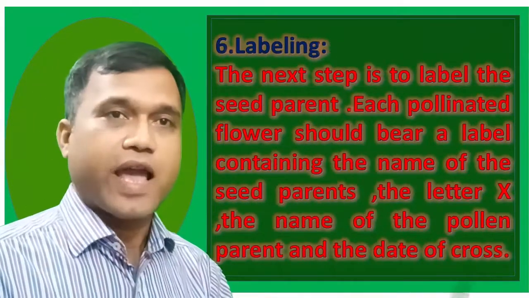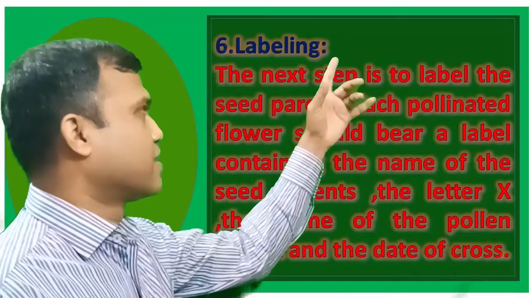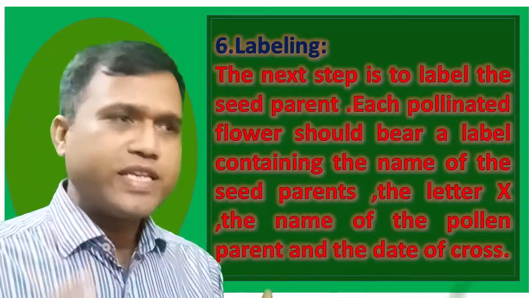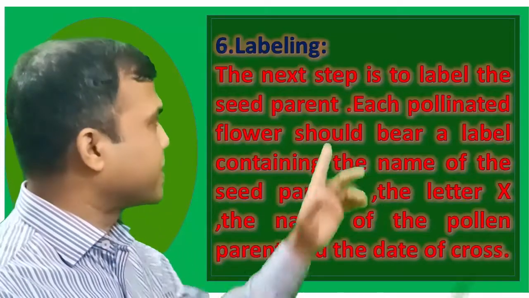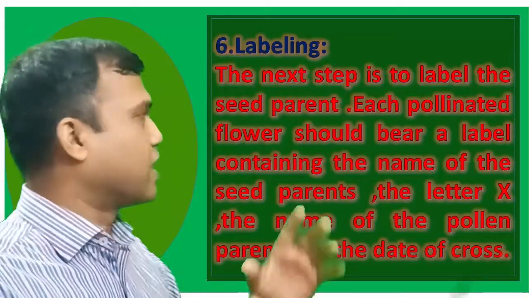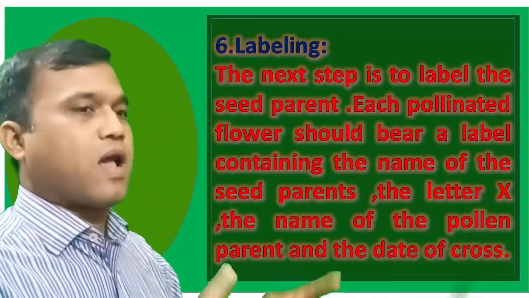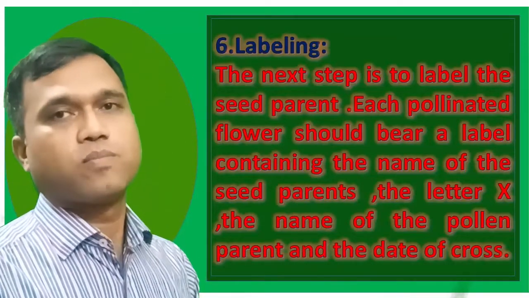The next step is to label seed parents. Each pollinated flower should bear a label containing the name of the seed parent, the letter X, the name of the pollen parent, and the date of crossing.